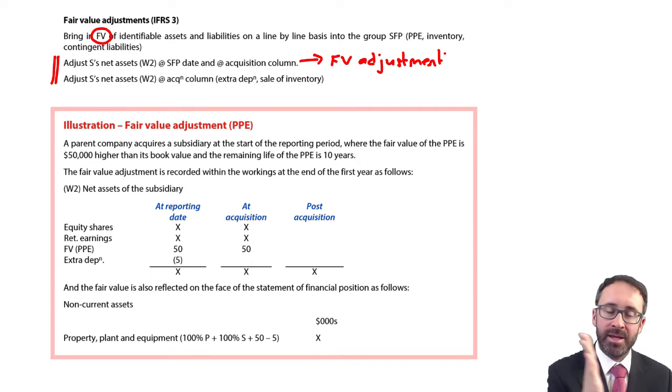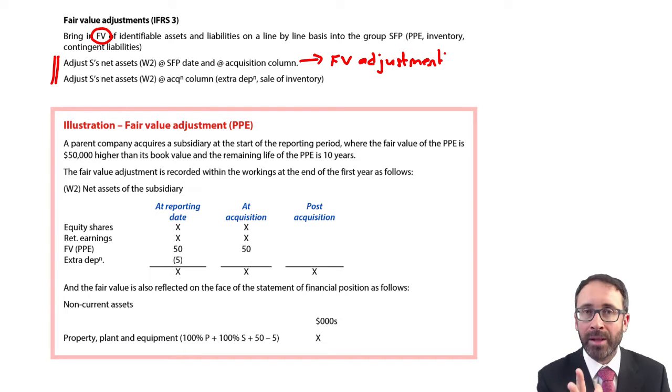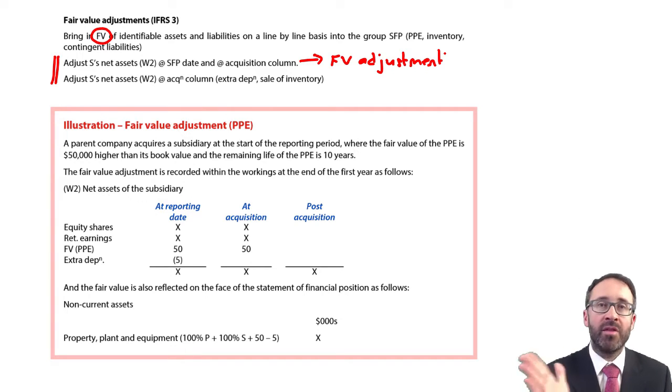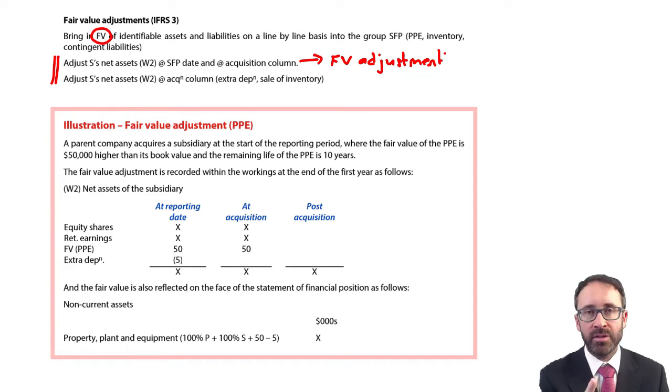That is what you process at the acquisition date. That's what you put in the SFP date as well. Okay. They are the same figures unless you're specifically told within the question that they are different. If they are different, then the adjustment goes through profits and your retained earnings. But most of the time, particularly with PPE, it's the same.